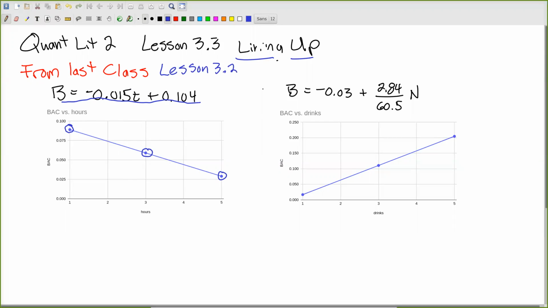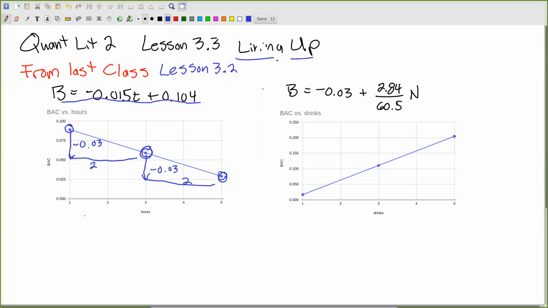Some things that we noticed here is that from 1 hour to 3 hours, there was a drop by 0.03 for his BAC over those 2 hours. And that happened again from this point to that point, so minus 0.03 over those 2 hours.